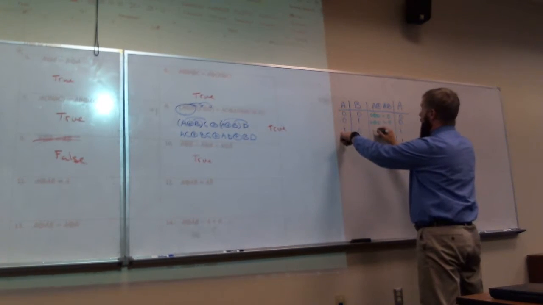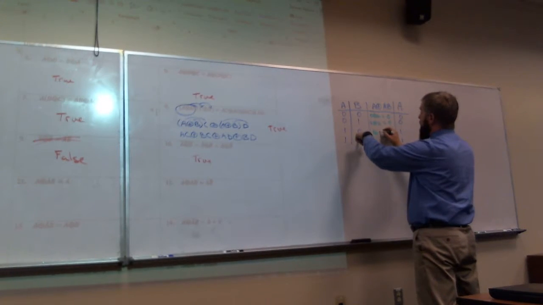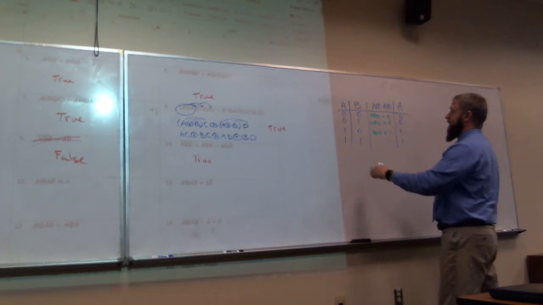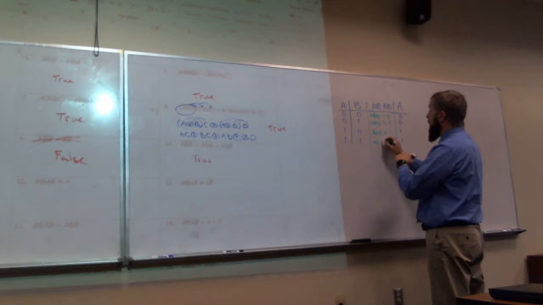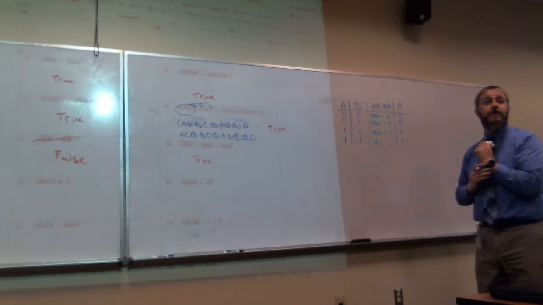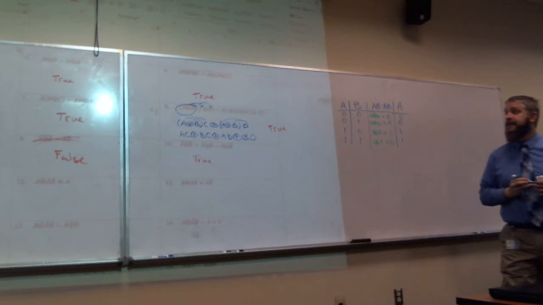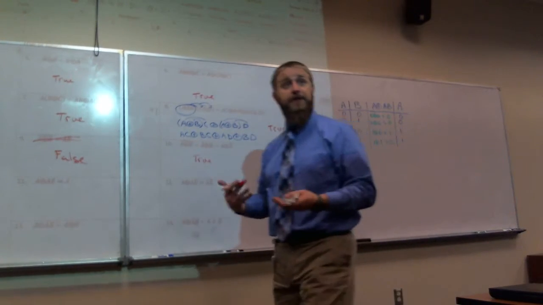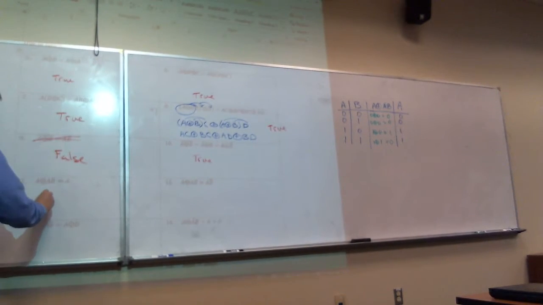If A is 1, 1 and 0 is 0, 1 XOR 0 is 1, which is true. And then 1 XOR (1 and 1), 1 XOR 1 is 0. They are not equal. They're not the same. False. Cannot apply. Absorption is unique to the combination of AND and OR. This is false.